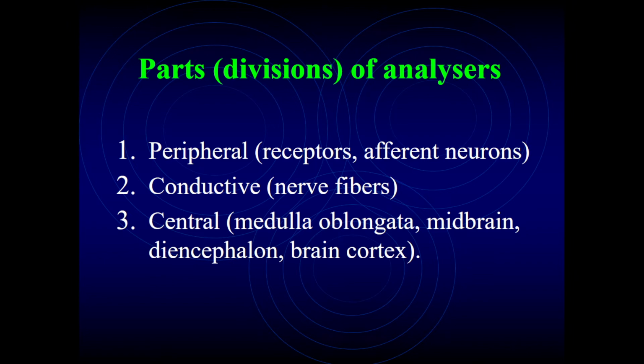The peripheral part perceives the stimulus. The conducting part transmits information to the brain centers. In the central part, the analysis of information and its synthesis in the form of a sensation are carried out.